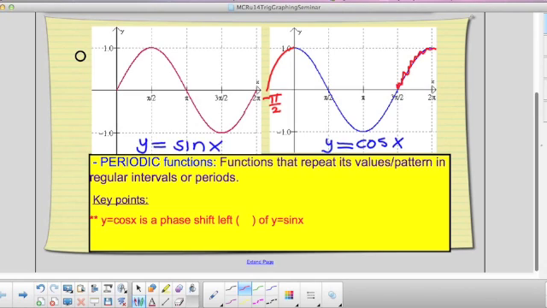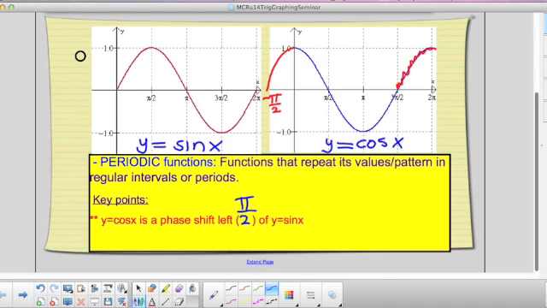And the reason for that is that the cosine function is a phase shift left by pi over 2 units. So if I'm shifting to the left by pi over 2 units of y is equal to sine x, that's a very key characteristic that not a lot of people recognize. So cos x is a phase shift left of y is equal to sine x. So that's the sine x function, cosine function, and that's a characteristic.